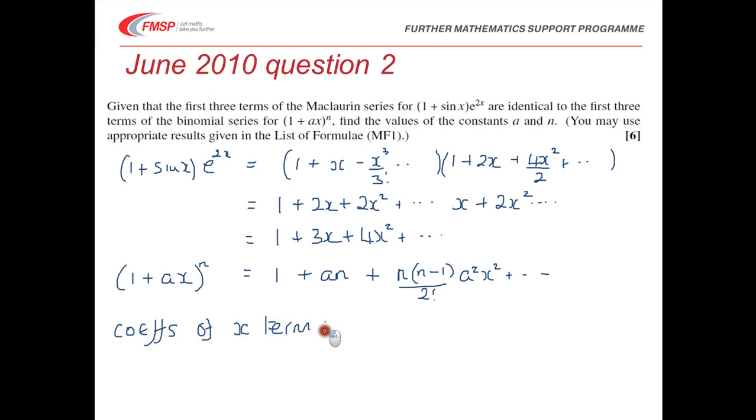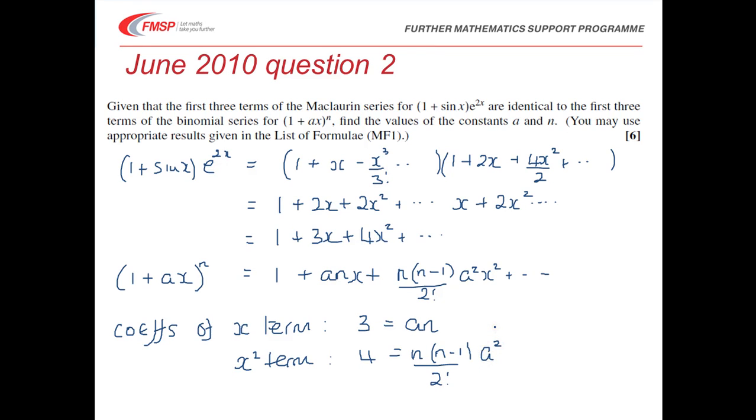For the x term, we have a 3 up here and an anx, which for some reason I didn't put in there. So we have 3 equals an. Then looking at the x squared term, we have a 4 in the first series, and we have n(n minus 1) over factorial 2 times a squared.